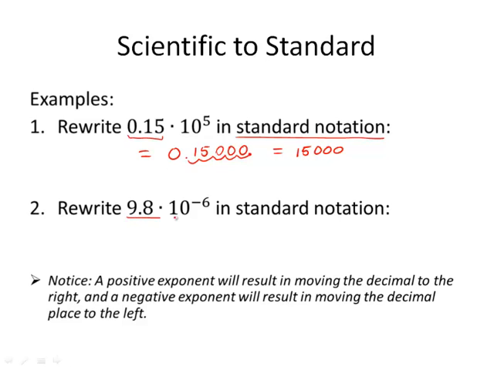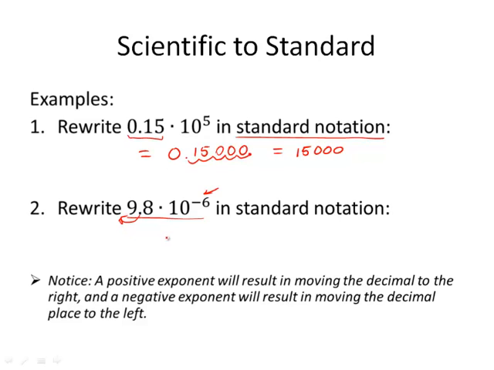Now recall that if your exponent is negative, that actually means multiplying by 1/10 6 times over and over again. Every time you multiply by 1/10, you're actually dividing by 10, meaning the decimal is going back 6 places to the left.